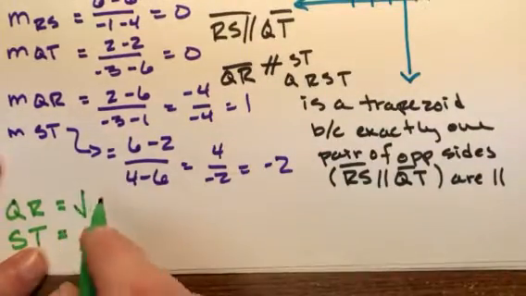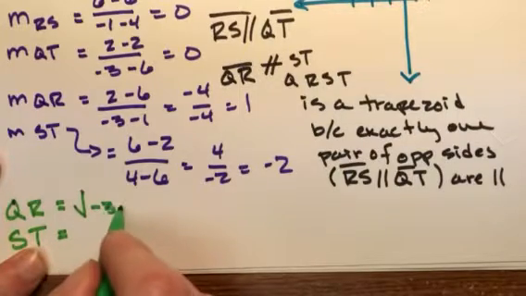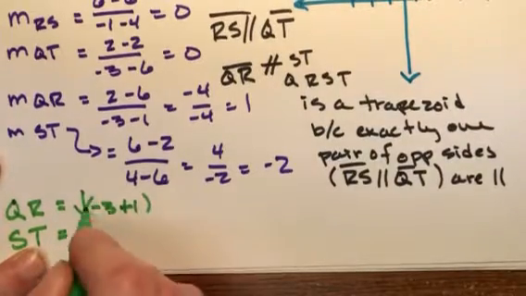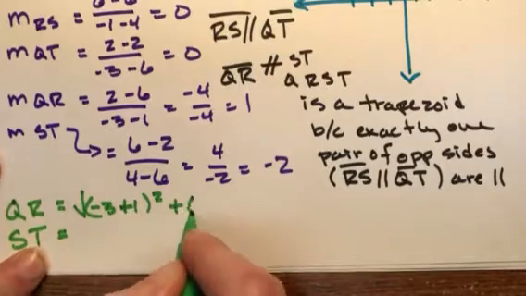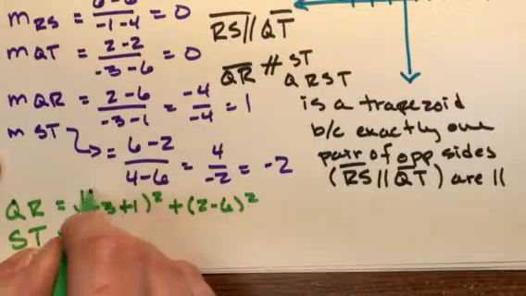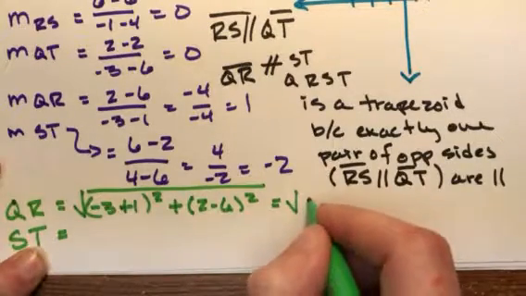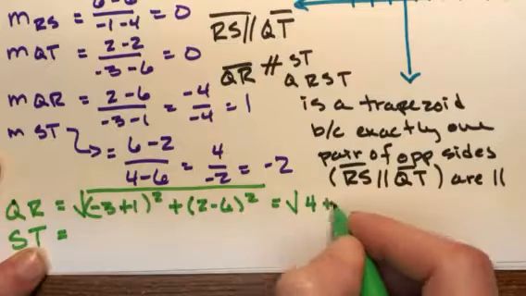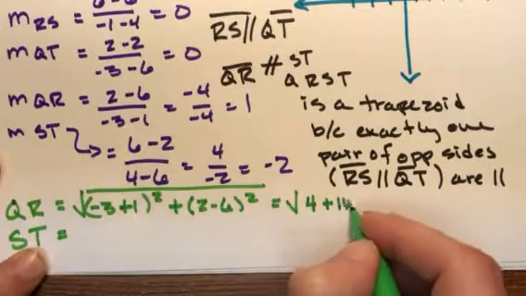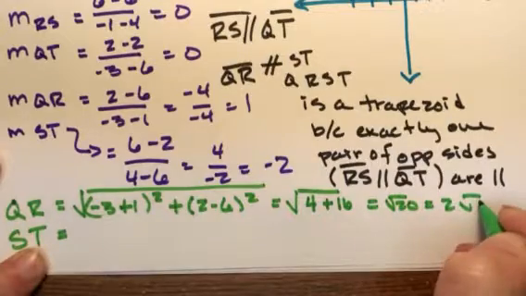So QR is the square root of (-3 plus 1) squared plus (2 minus 6) squared. And that gives me the square root of 4 plus 16. So that's the square root of 20, which is 2 root 5.